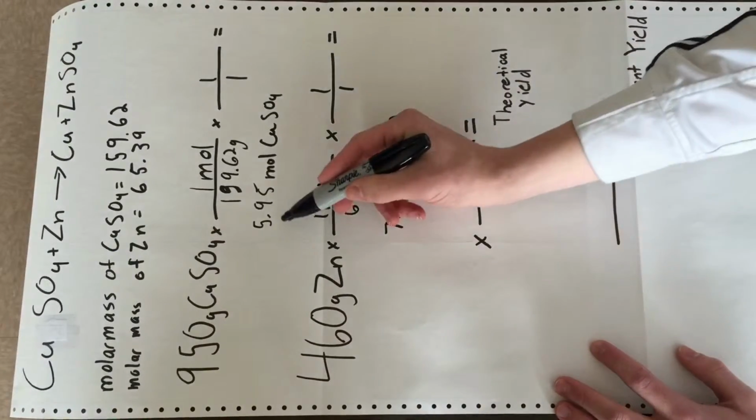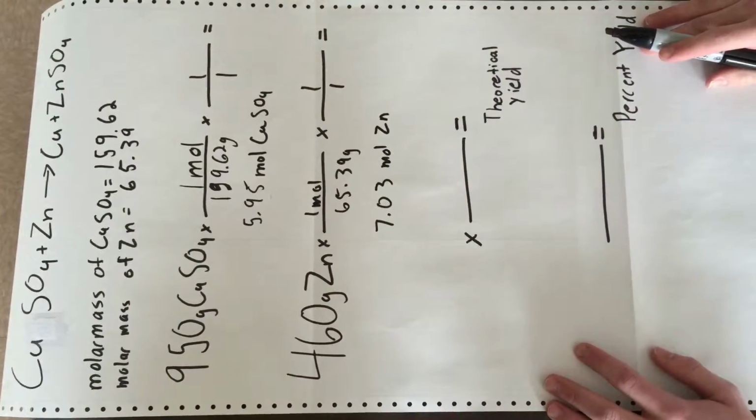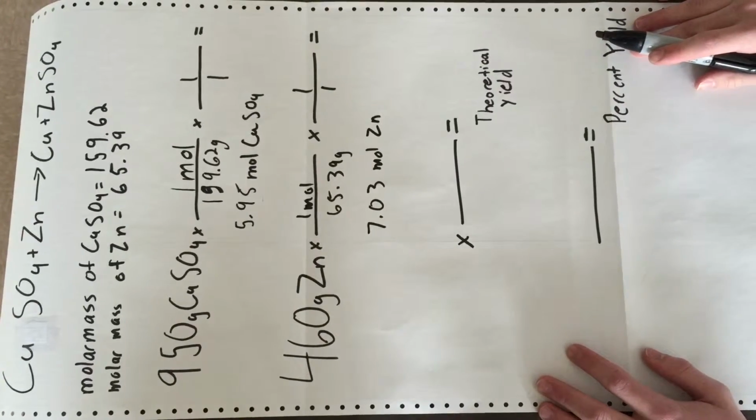So since this right here, the moles of copper sulfate, is smaller than our zinc, that will be our limiting factor.